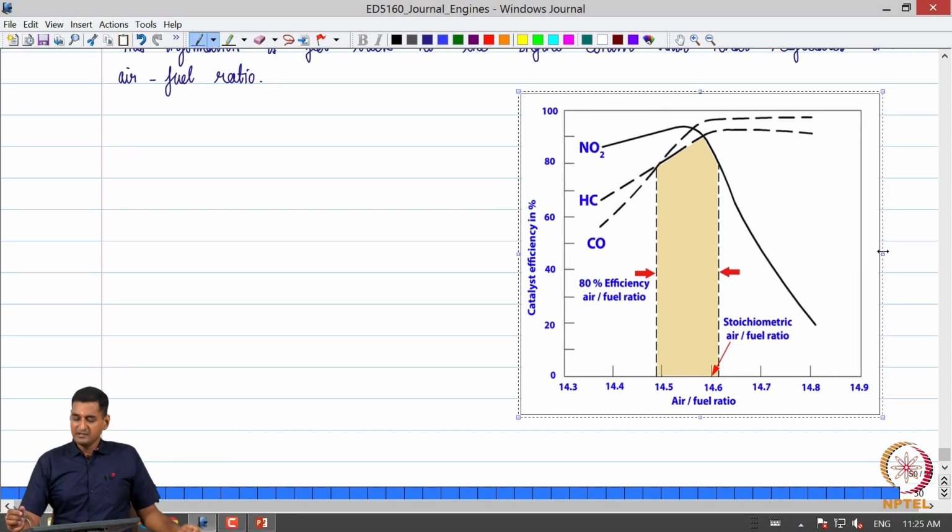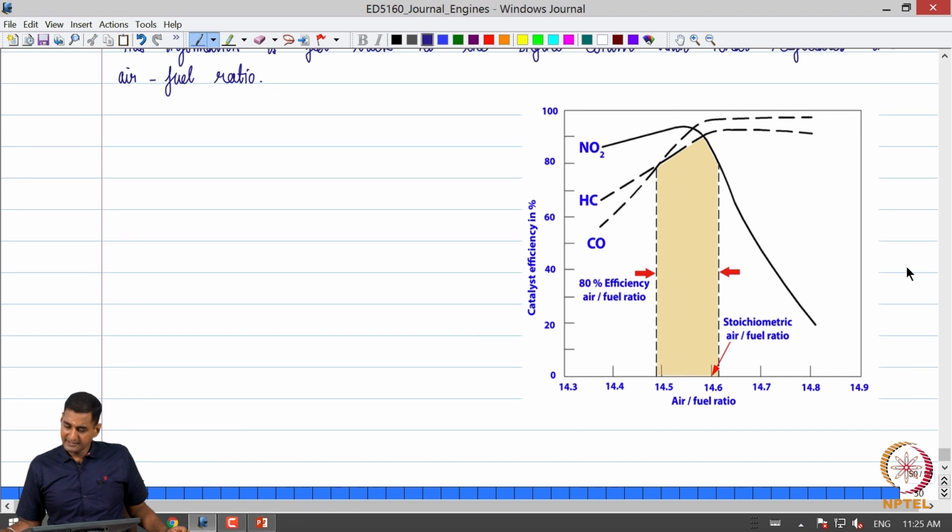One can observe that the efficiency of the catalytic converter is maximum for all three components, NOx, hydrocarbon and carbon monoxide, in a small range of this air fuel ratio.